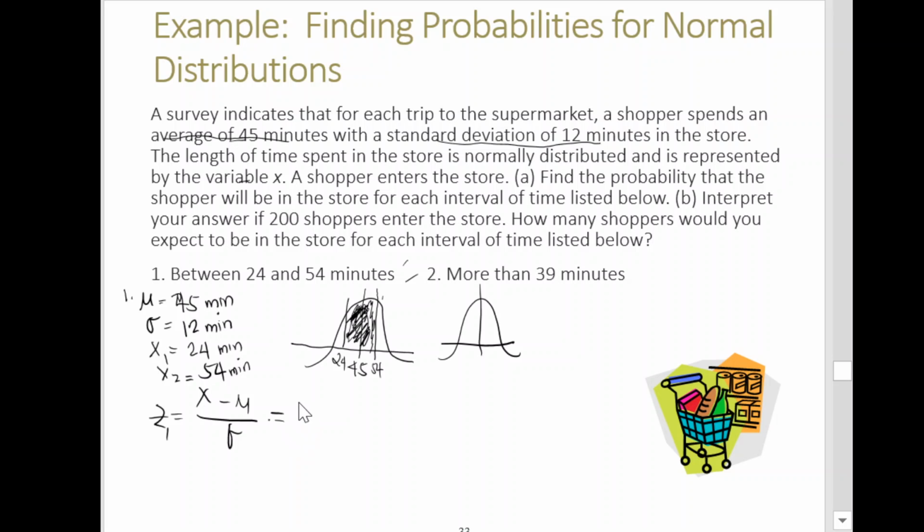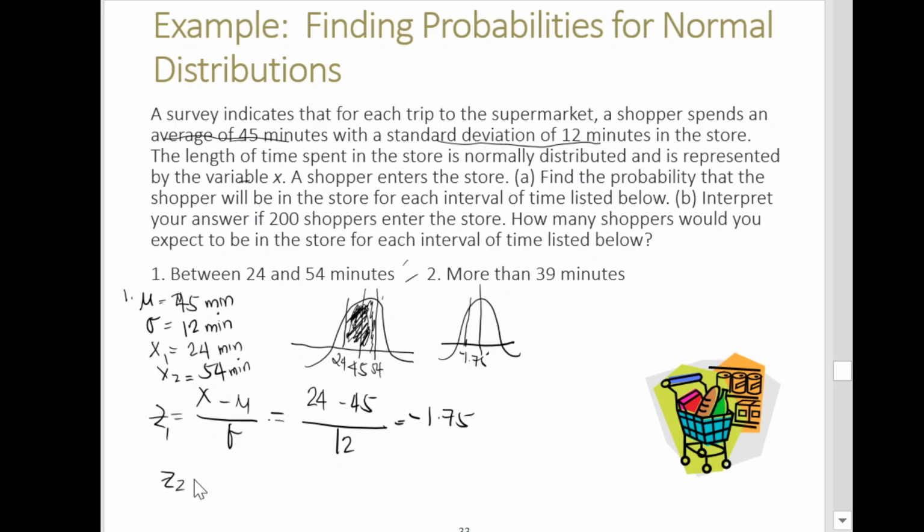Z1 is X1, 24 minus 45 over 12, equals negative 1.75. So it's here, negative 1.75.